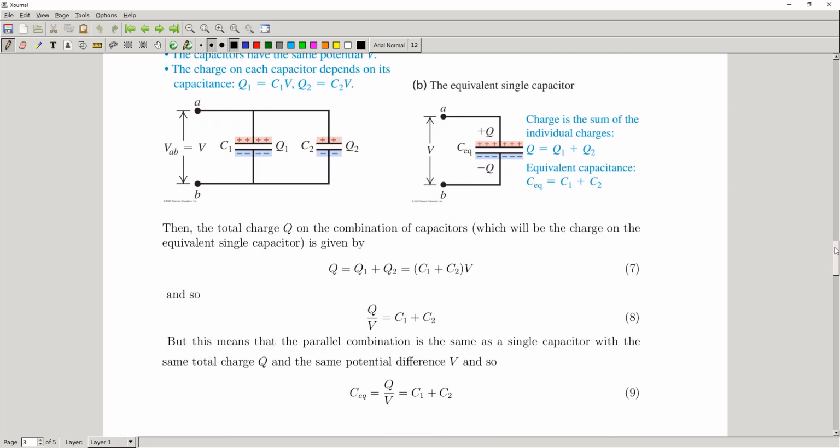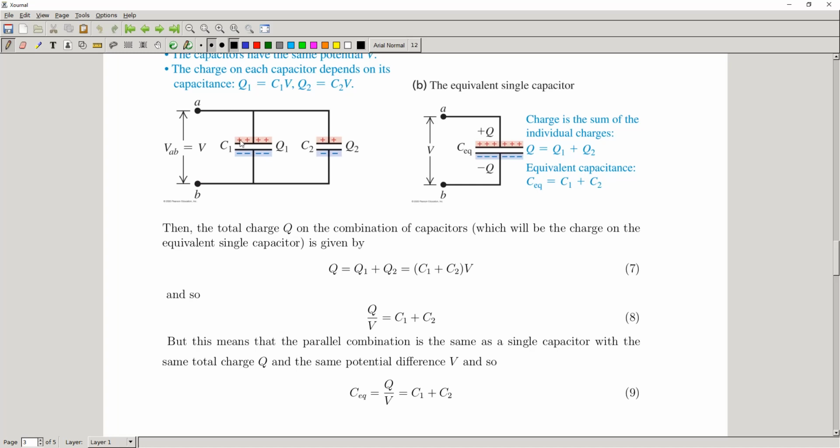Okay, so now we're basically trying to get at what the configuration of this single capacitor that is going to replace these two capacitors in parallel is going to be. First, we look at the charge that we're going to need to have on this single replacement capacitor, and we can see that the charge that we're going to need is Q1 plus Q2.